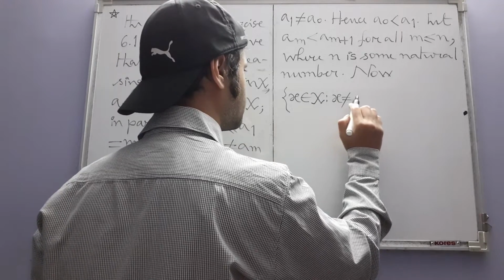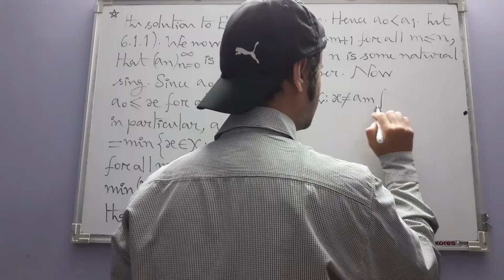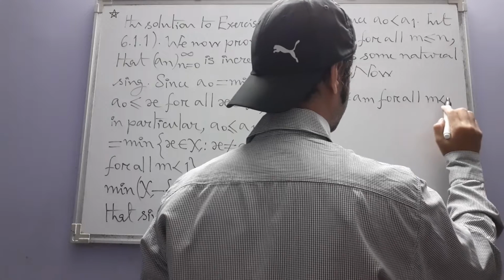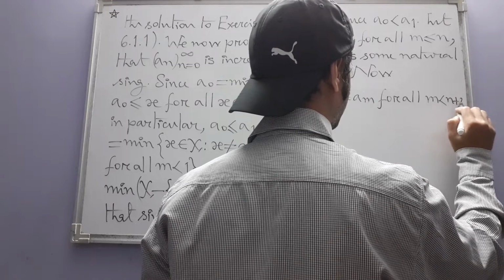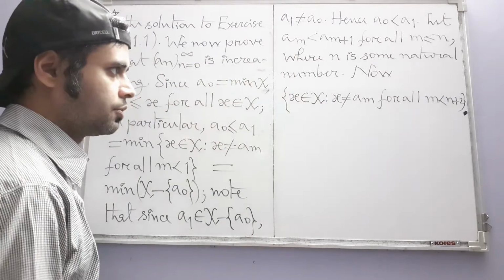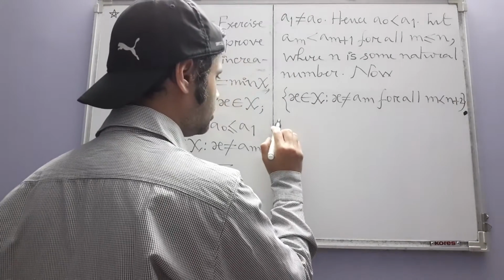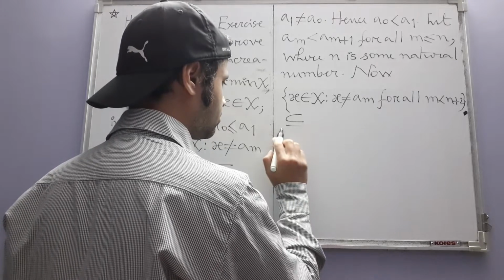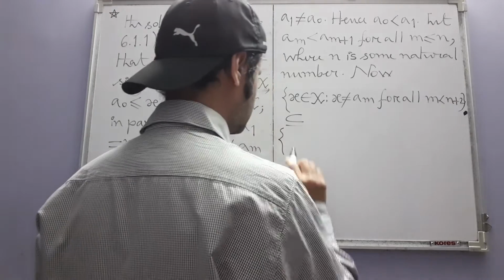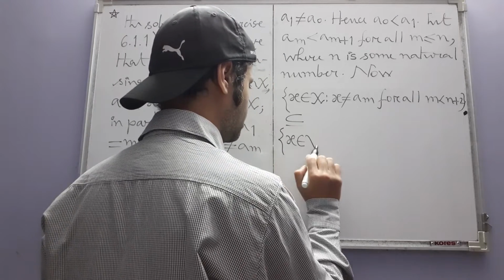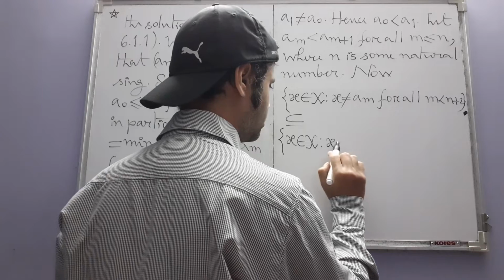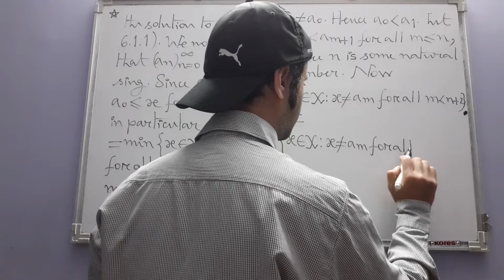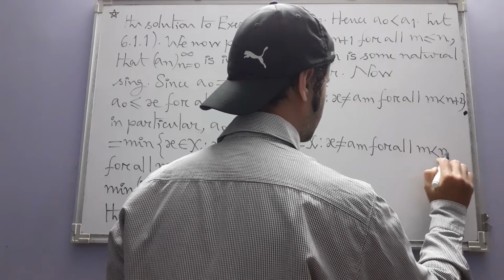The set of all x in X such that x is not equal to am for all m less than n plus 2 is a subset of the set of all elements x in X such that x is not equal to am for all m less than n plus 1.